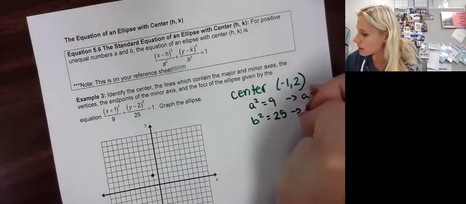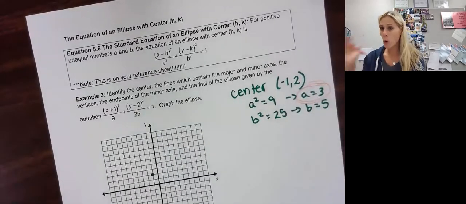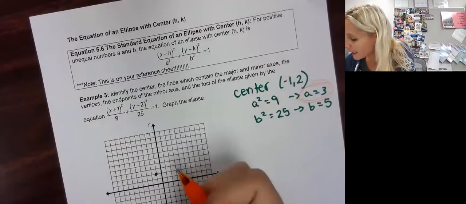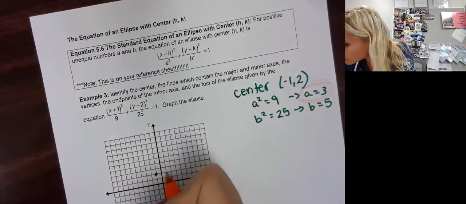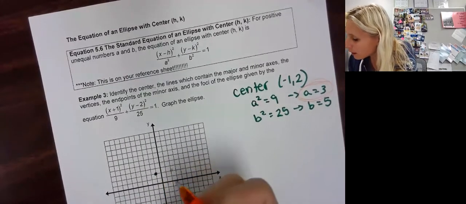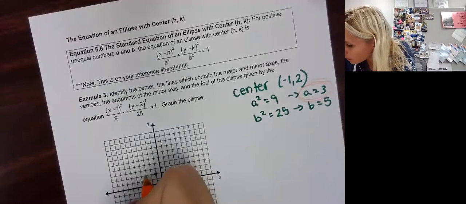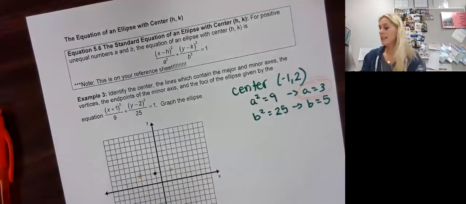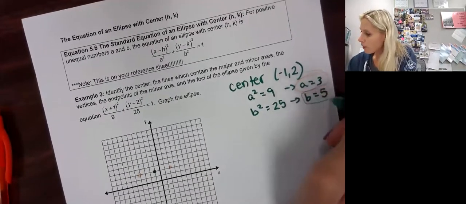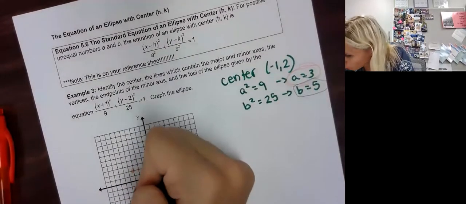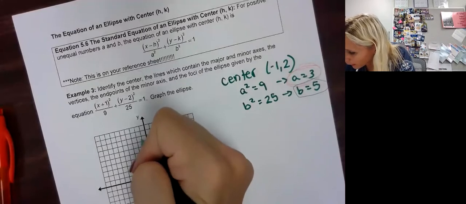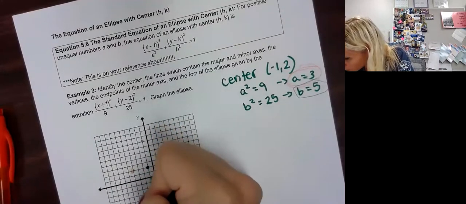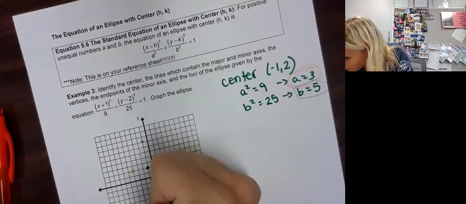A is horizontal, 3 away. So 1, 2, 3, and on the other side, 1, 2, 3. And then B, in green, is 5 away. That's the vertical part. 1, 2, 3, 4, 5, and 1, 2, 3, 4, 5.